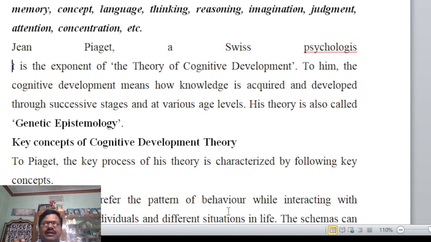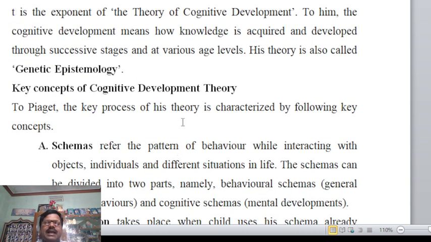So it was Jean Piaget who divided the stages of cognitive development into four parts. How cognitive development occurs has been discussed by Jean Piaget, and his theory is also called genetic epistemology.